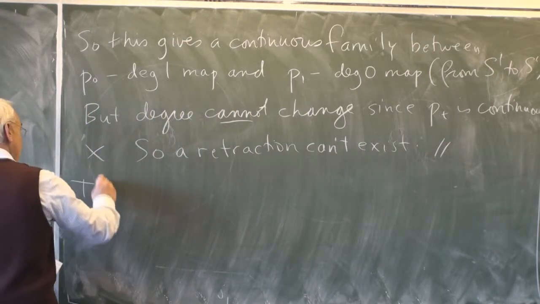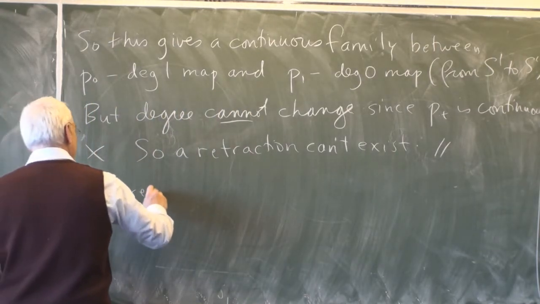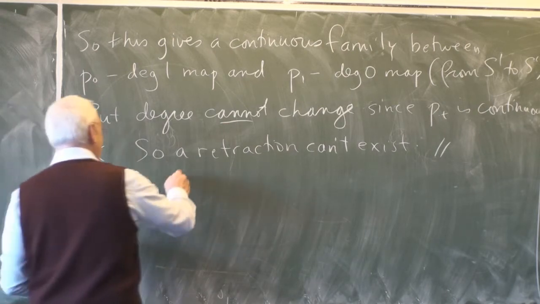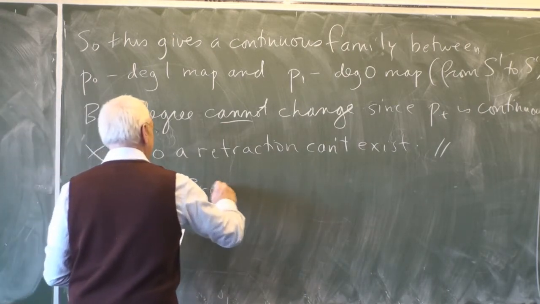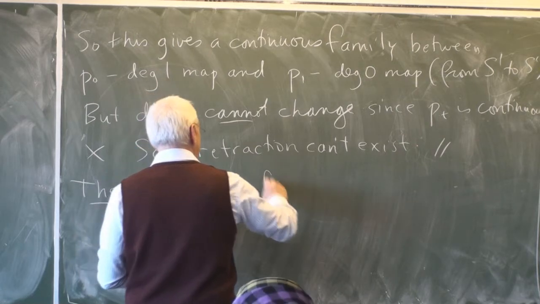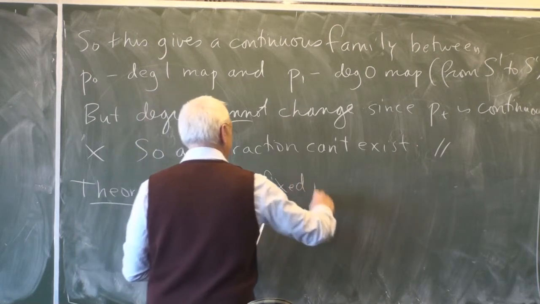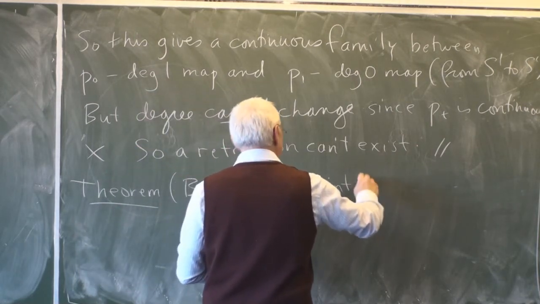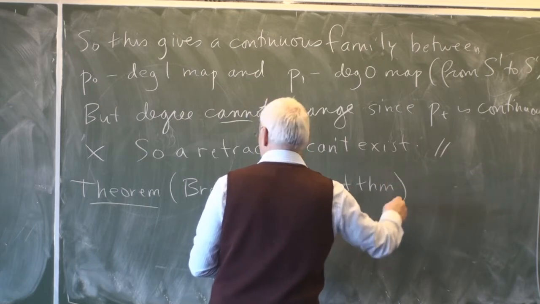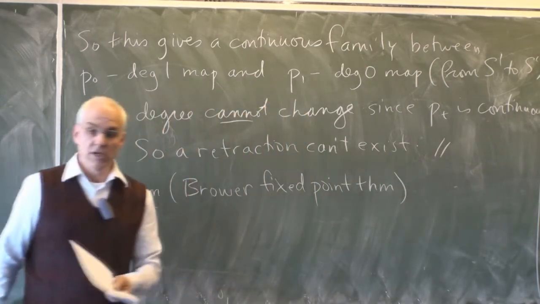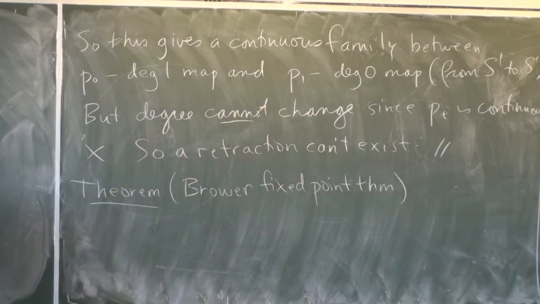Our next result is a very famous theorem. It's called the Brouwer fixed point theorem. It's probably close to 100 years old. Brouwer is a famous Dutch mathematician, topologist, who also had reservations about the foundations of mathematics.